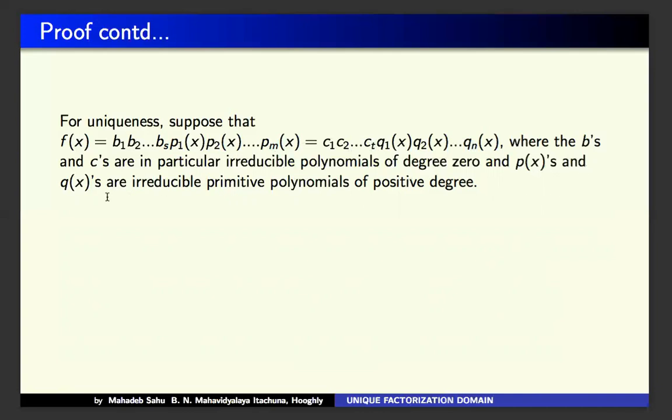And the Pi(x)'s and Qi(x)'s are all irreducible primitive polynomials of positive degree.